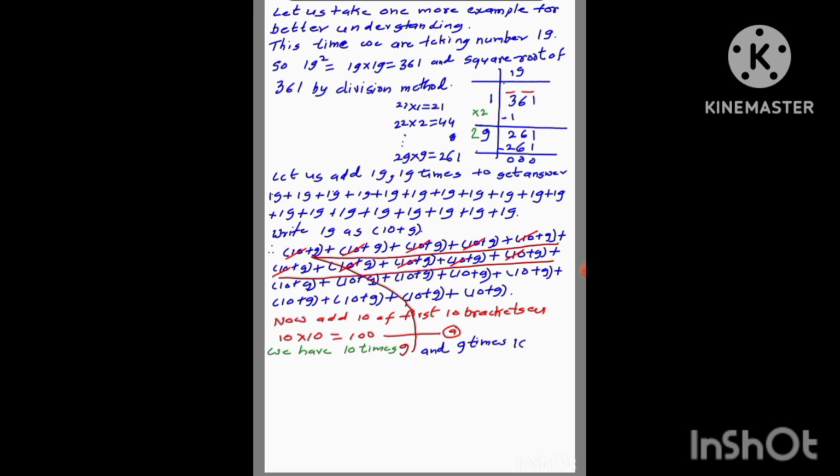Are you getting it? See, it is here. We are left with 9 brackets which contains 10. So we are taking those 10 into consideration. So we were left with 10 times 9, and after that 9 times 10.